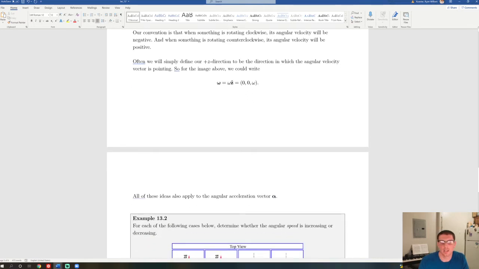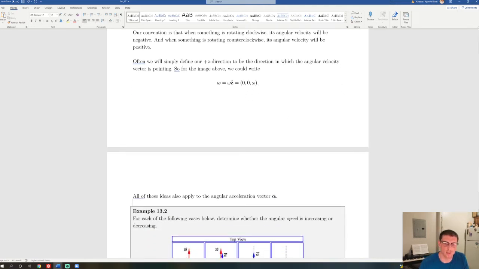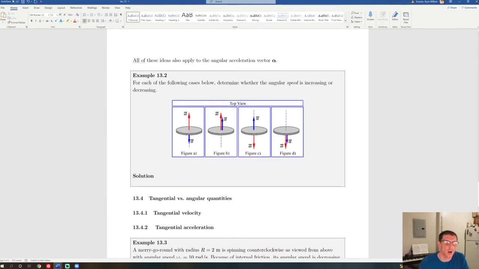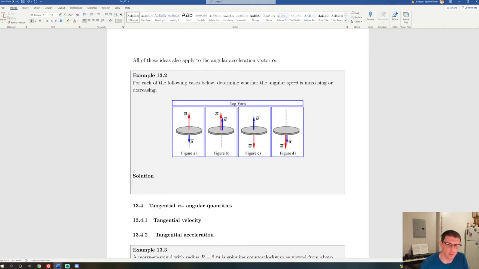So now we're going to look at an example of this that hopefully might clear this up a little bit if it's hazy. This is pretty similar to something I had you do on the very first quiz, if I'm not mistaken. We're just going to look at these pictures of different angular velocity vectors and different angular acceleration vectors and see what's going on with the speed, right?